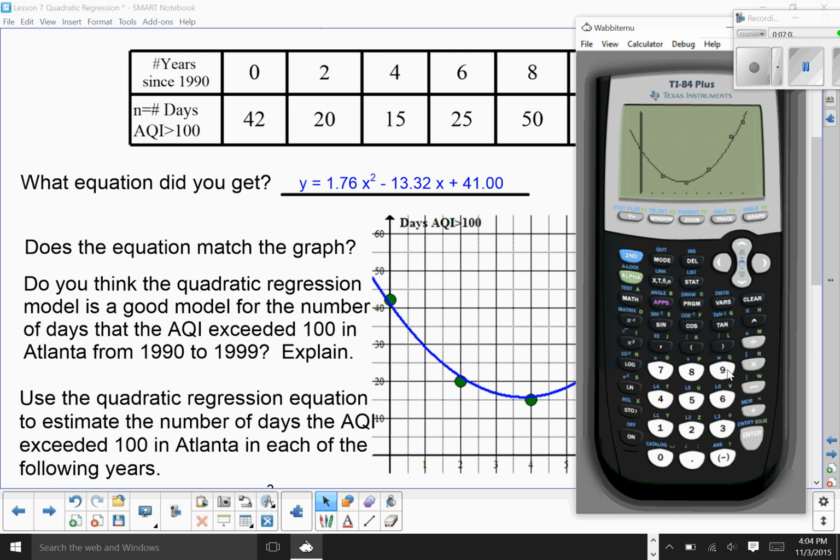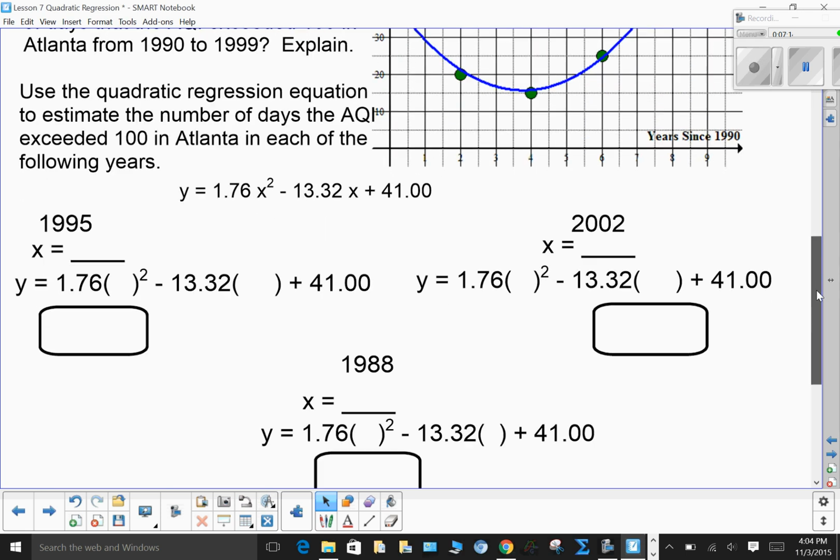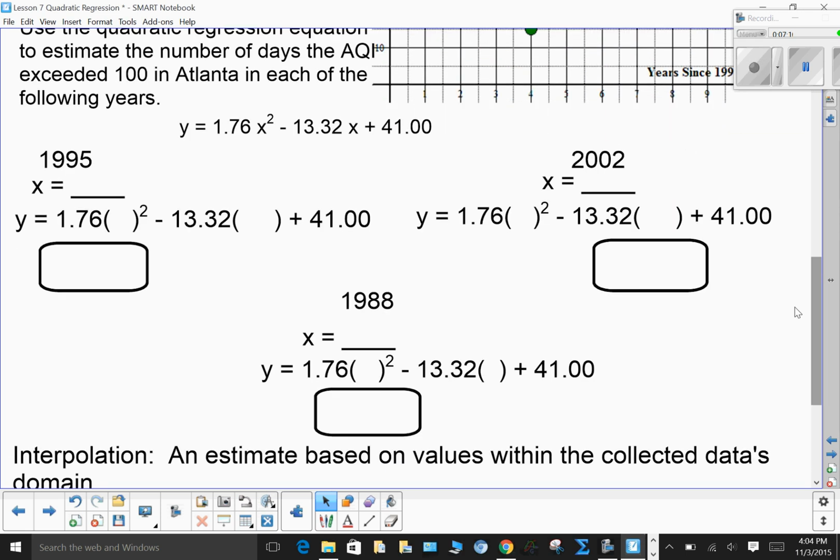Now, if I want to use the quadratic regression equation to estimate the number of days the air quality index was greater than 100 in different years besides the ones I have, like 1995, 2002, 1988, there are a couple of different ways I can do that. 1995 is 5 years after 1990.